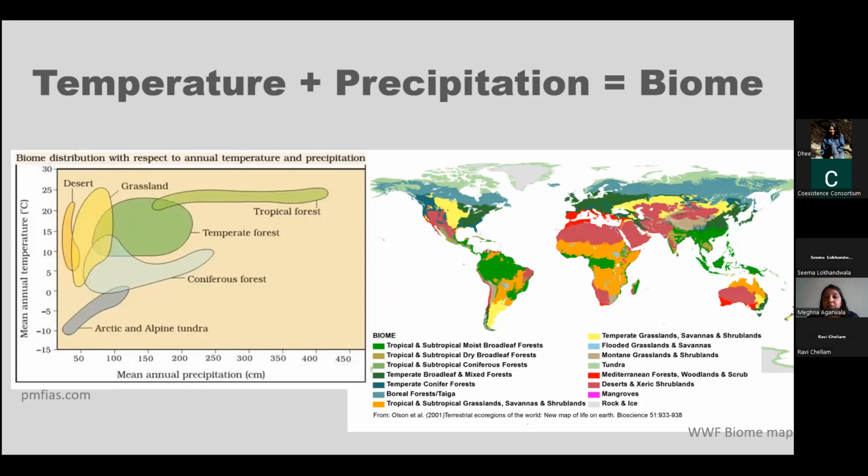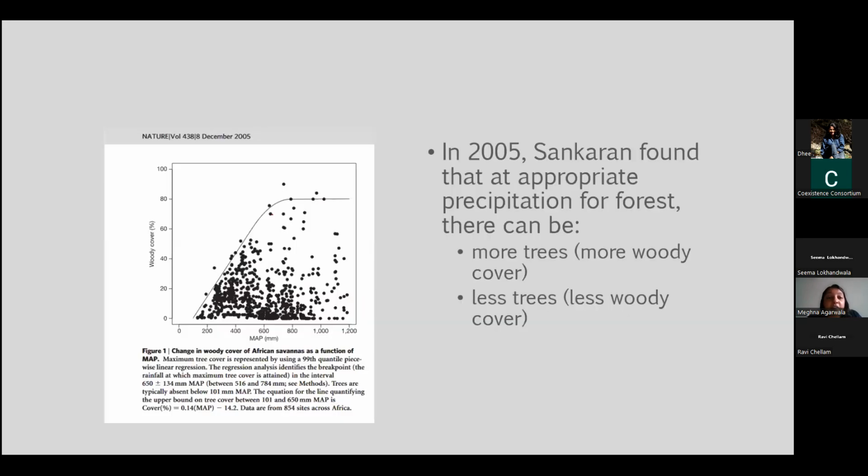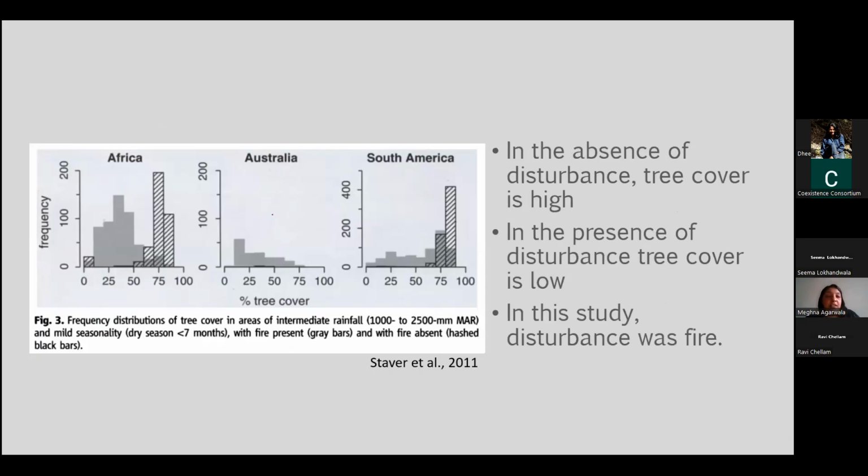However, Shankaran in 2005 showed that even if you have the precipitation conditions for a forest, you may have areas with high tree cover and areas with low tree cover. Then Staver and Hirota found that you can have many disturbances in a system.